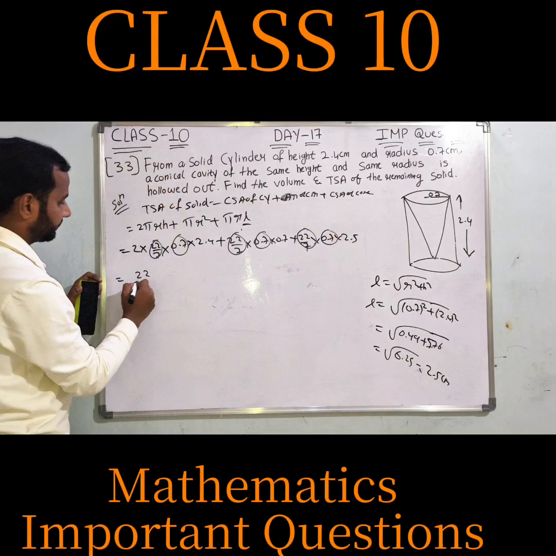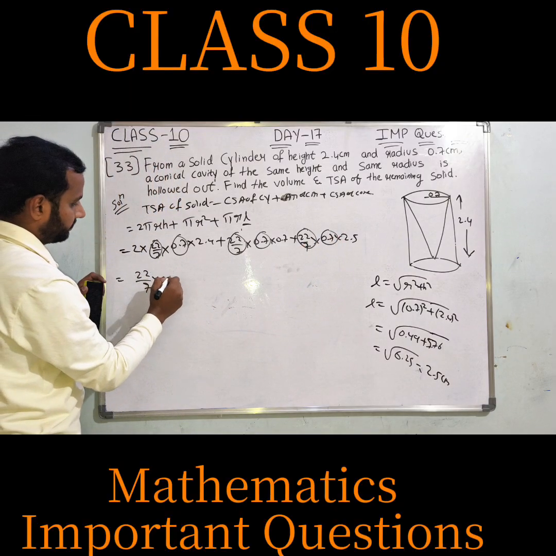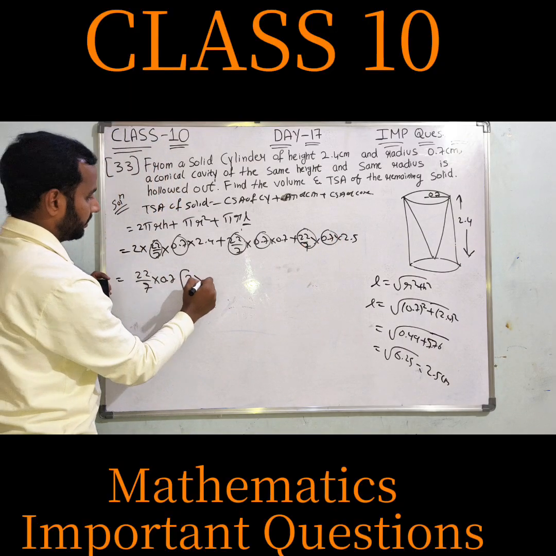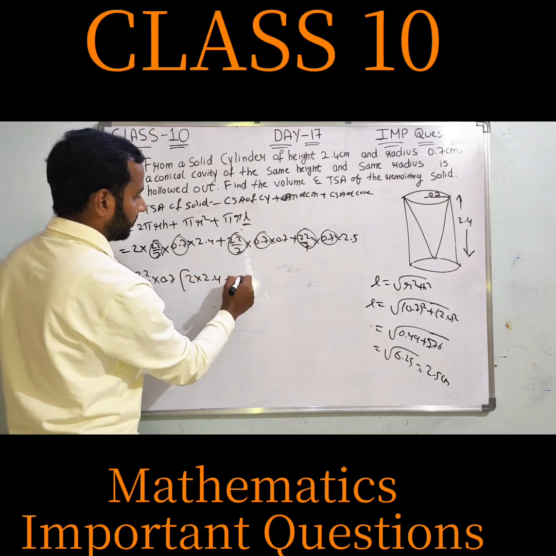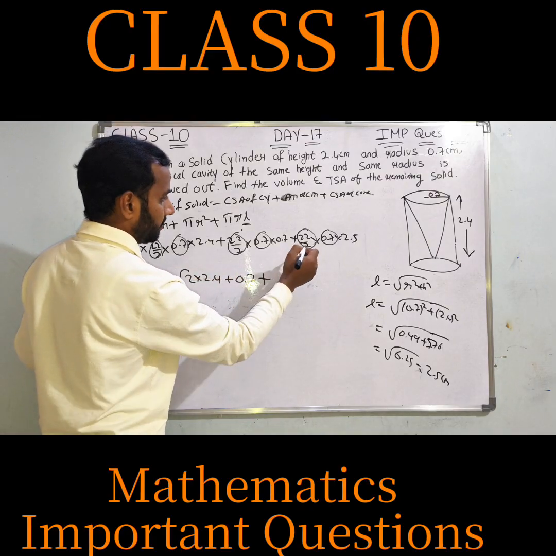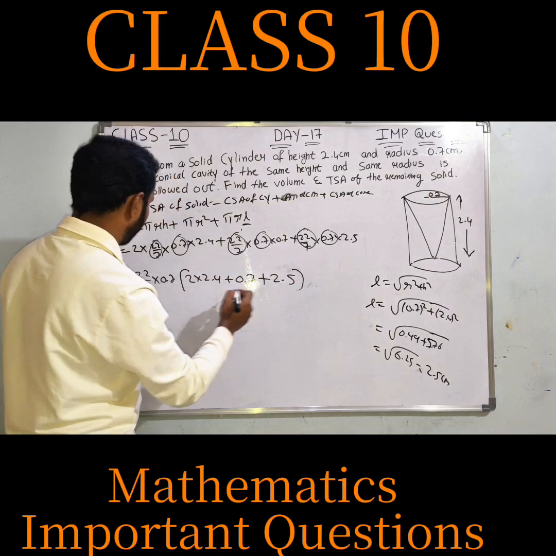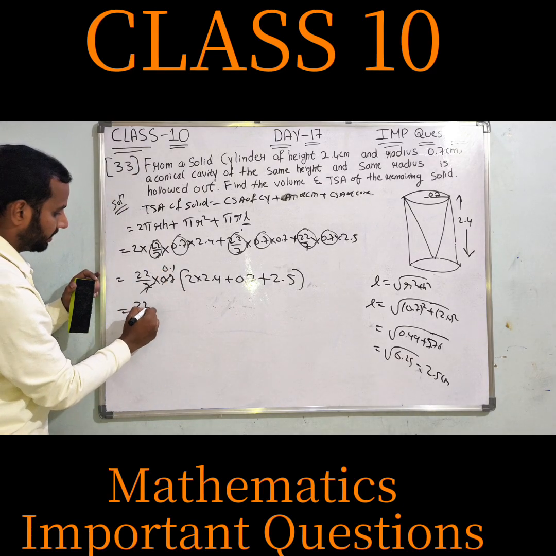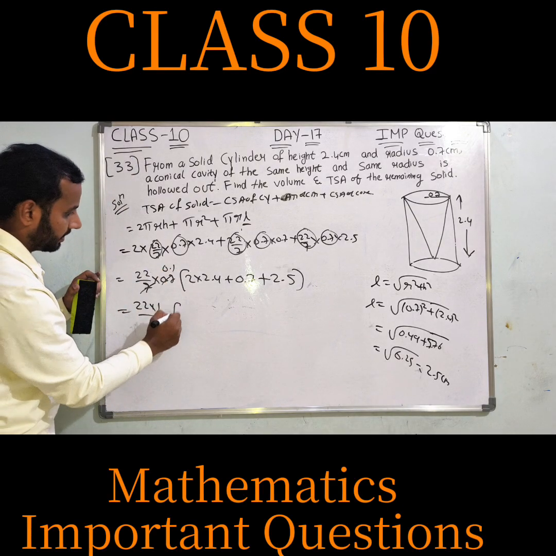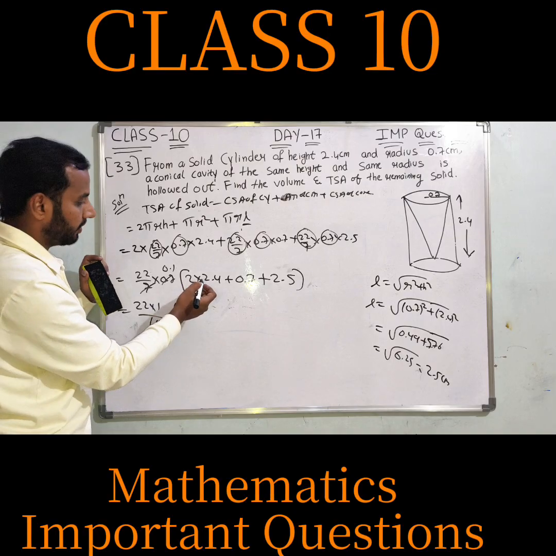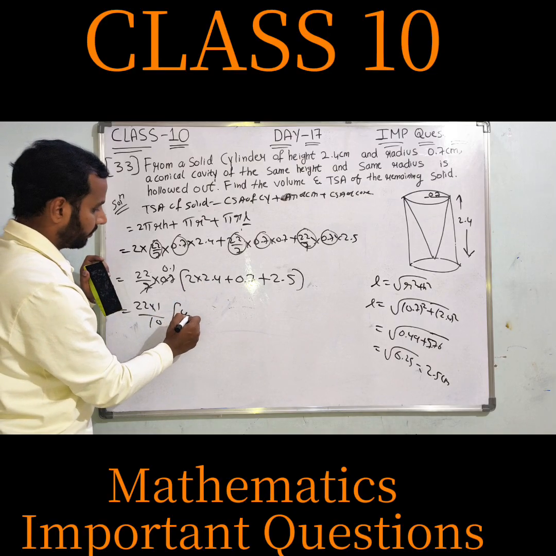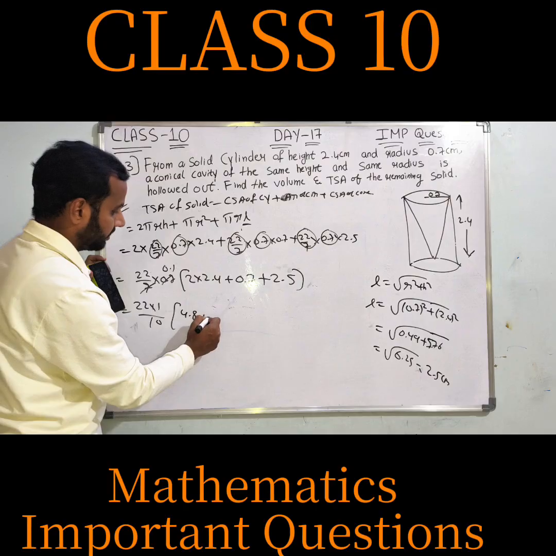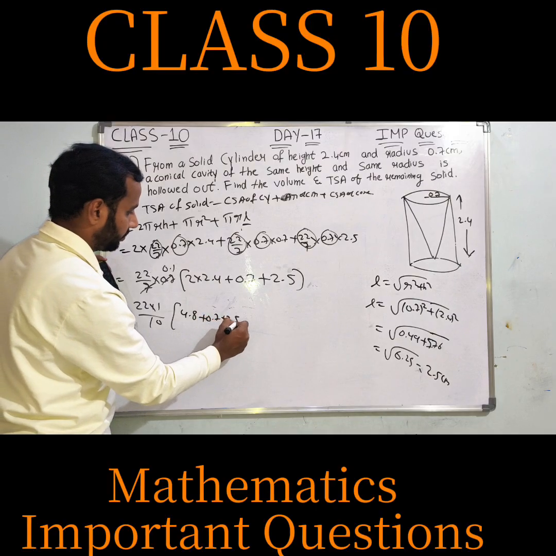Now we are left with 2 into 2.4 plus 0.7 plus 2.5. Now 7 on the 7, 0.1. It can also be written as 22 into 1 by 10. Now 2.4 into 2 will be 4.8, then 4.8 plus 0.7 plus 2.5.